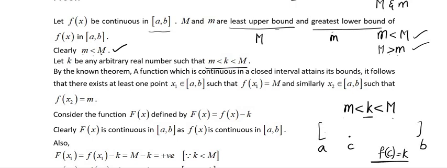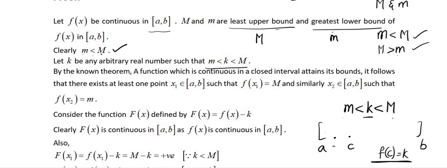So now we want to show this concept. By the known theorem, a function which is continuous in a closed interval attains its bounds. It follows that there exists at least one point x1 belongs to closed interval a comma b such that f of x1 is capital M, and similarly x2 belongs to closed interval a comma b such that f of x2 equal to small m.